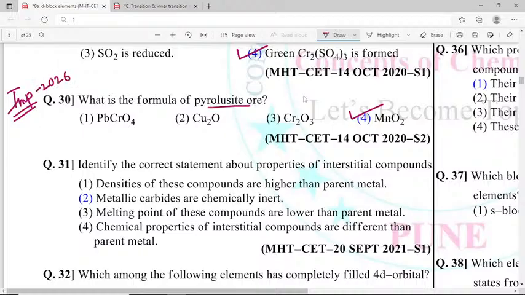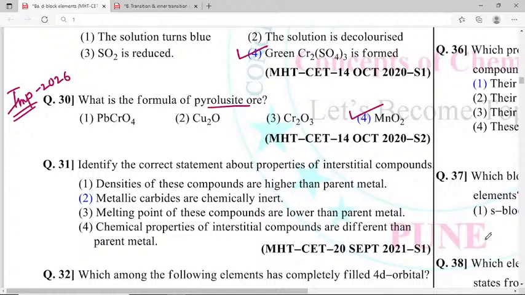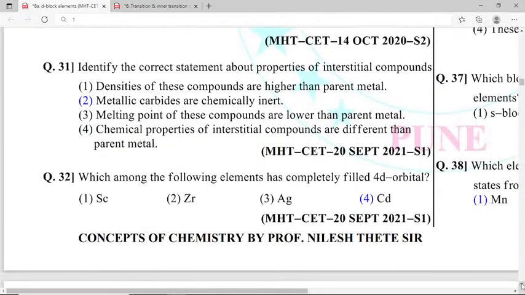2026 important. Identify the correct statement about properties of interstitial compound. Densities of this compound are higher than the parent metal. No, it is not correct.